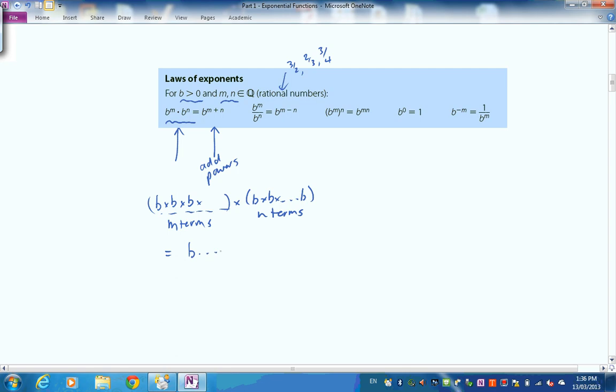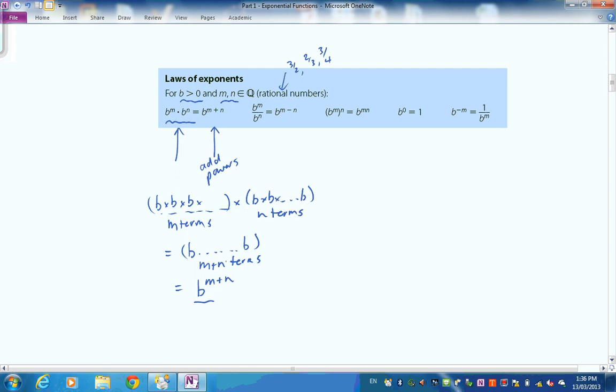Well, the total number of b's would be m plus n terms. So consequently we can say overall that multiplication resulted in b to the m plus n.